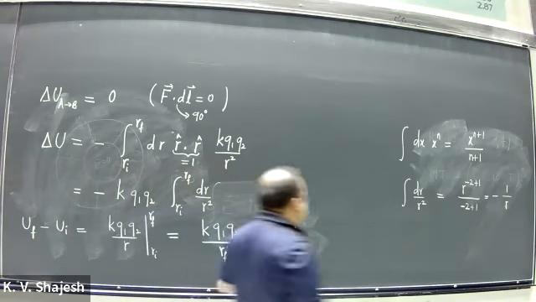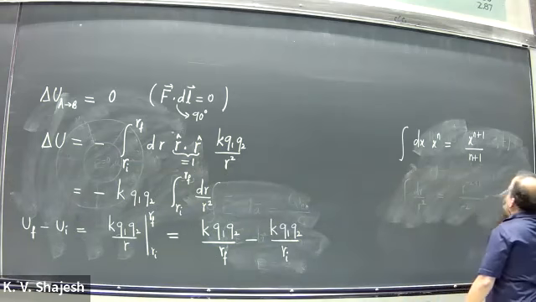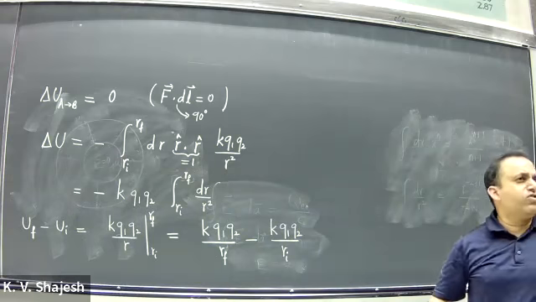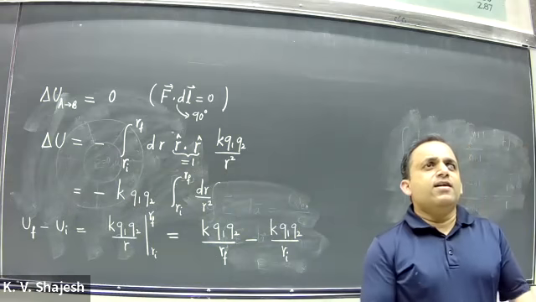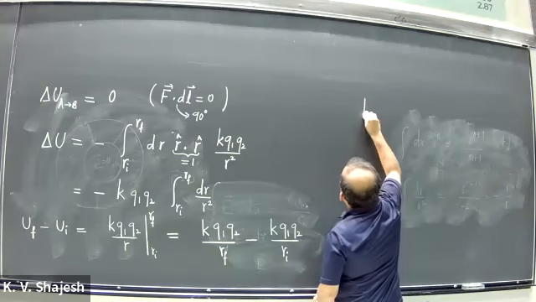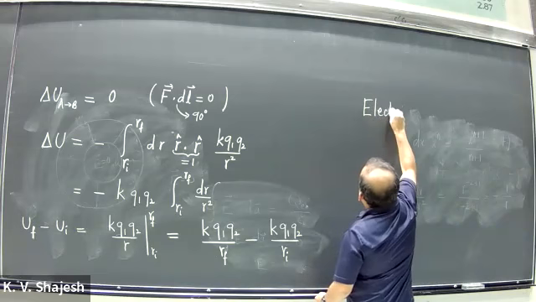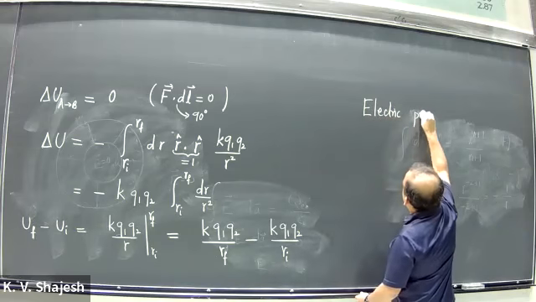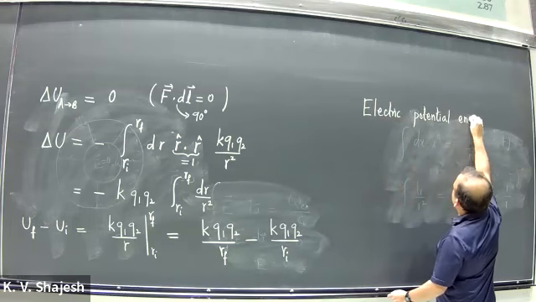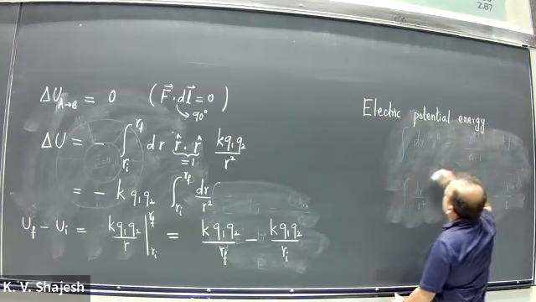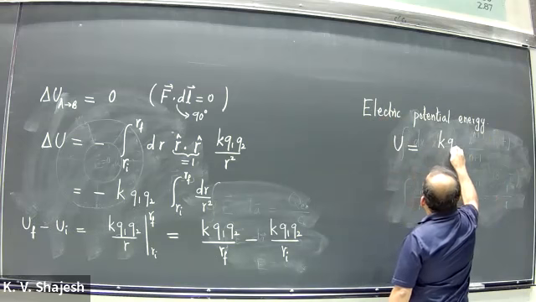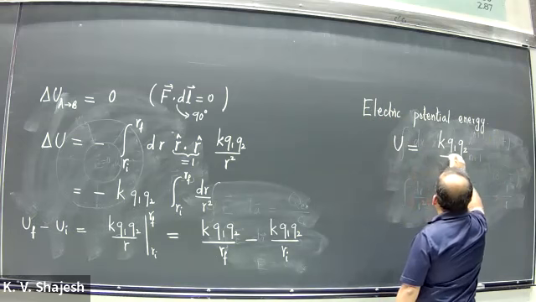So the key thing you want to take home out of all this: I motivated you that if there is an electric force, which is what Coulomb told us, then there must be an associated potential energy, and the electric potential energy is U equal to k q1 q2 over r.